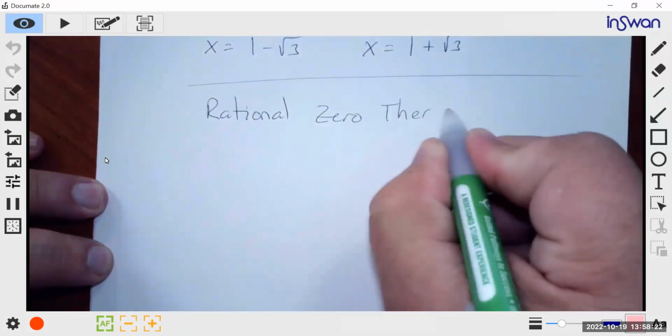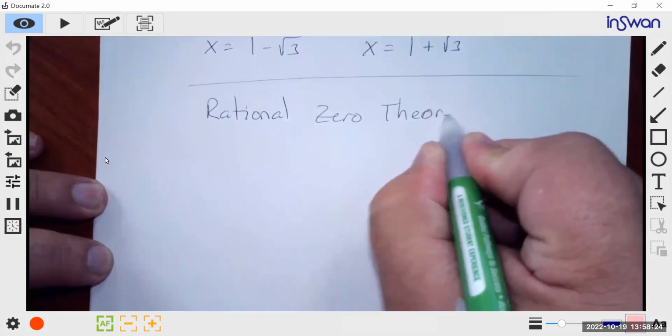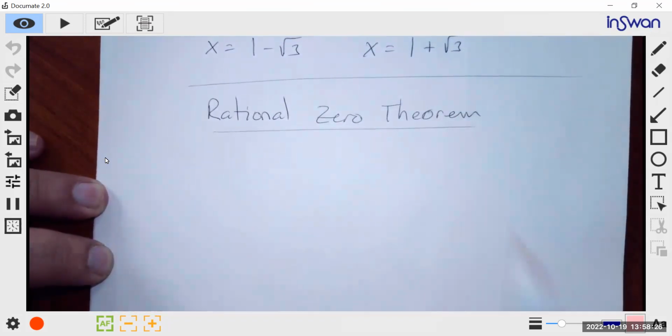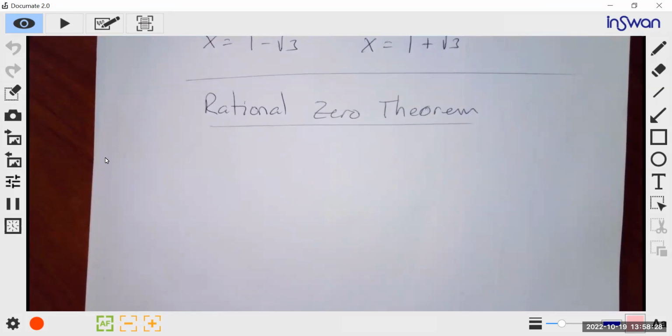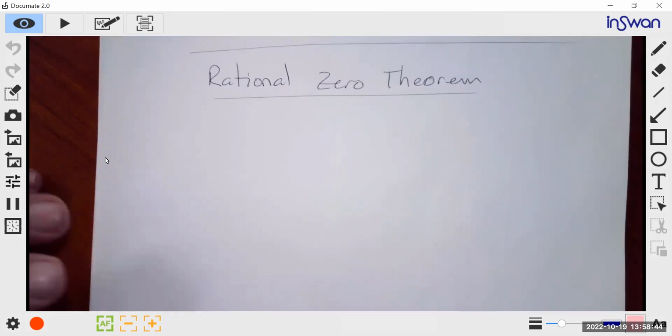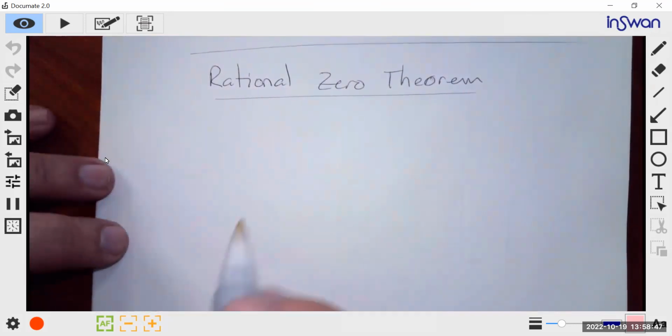Now we're talking about the rational zero theorem. What this thing says, let me just write the whole thing down.